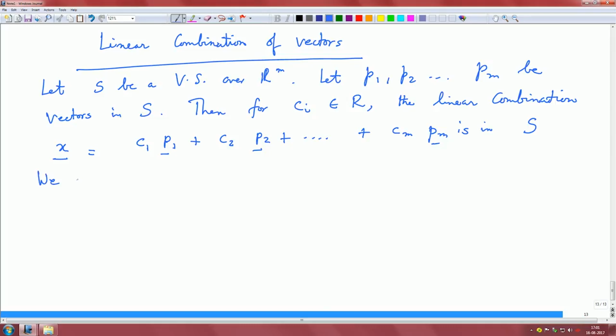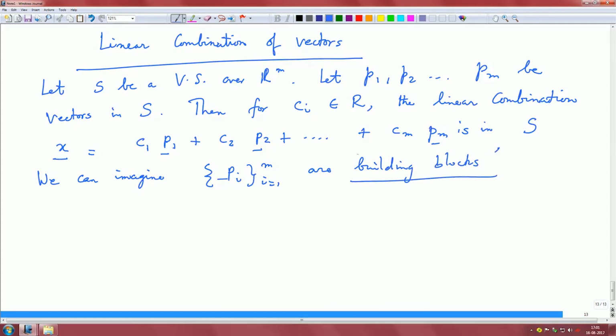So, we can imagine that this set of vectors Pi are basically building blocks over which other vectors can be obtained.